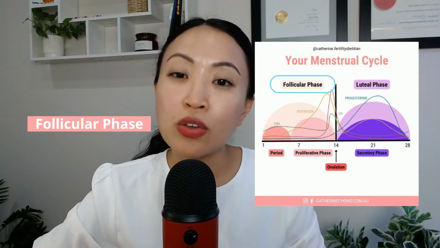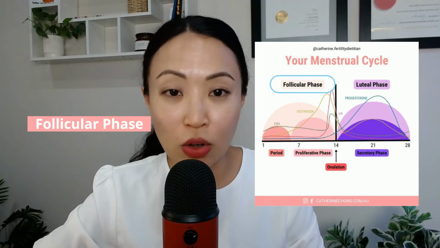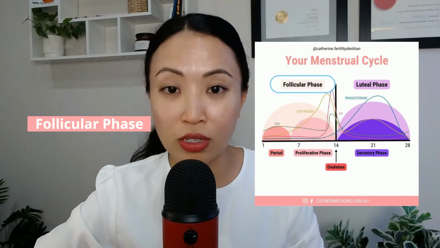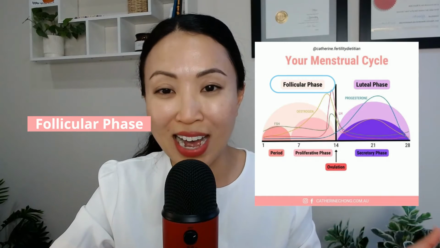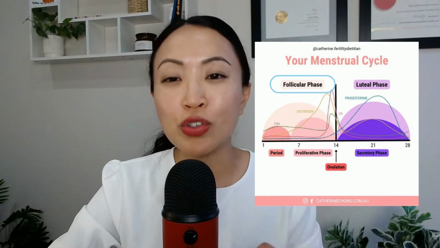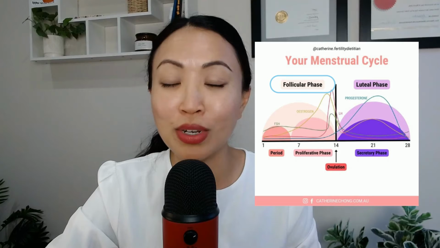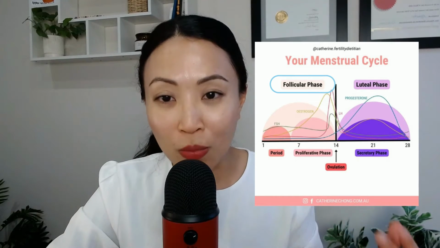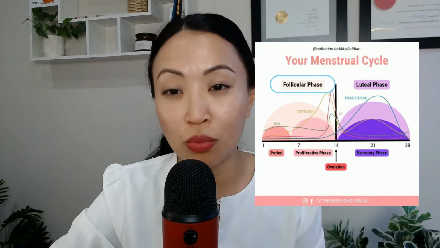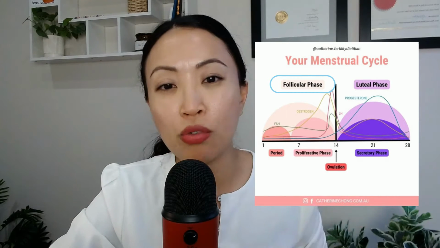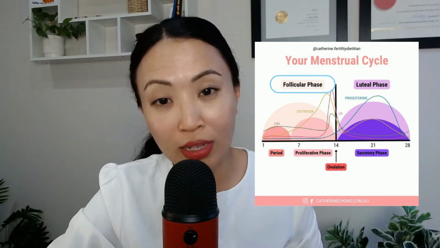So let's go through what the first phase of your cycle means. It's called the follicular phase. The follicular phase usually begins on day 1 of your period, the first day you start bleeding, and continues until ovulation. During this phase, your body prepares to release an egg. A hormone called FSH, follicle stimulating hormone, will rise and signal your ovaries to begin developing follicles, right?